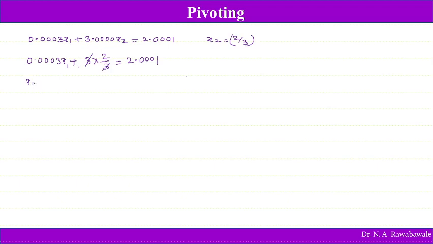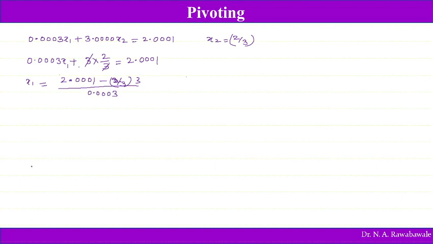So x1 is equal to, or just if we substitute it as it is without cancellation, 2.0001 minus 3 into 2 by 3, divided by 0.0003.